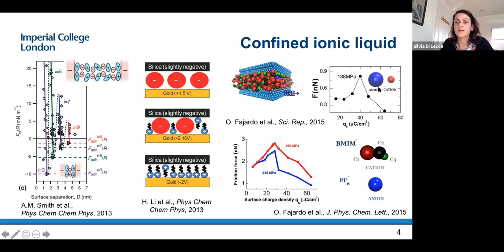Here we have a primitive coarse-grained model in which the ionic liquid is modeled as a sphere for the anion and a sphere for the cation. And also for a more accurate model of the ionic liquid, we see that the friction force increases with the surface charge and features a maximum at a specific charge density.